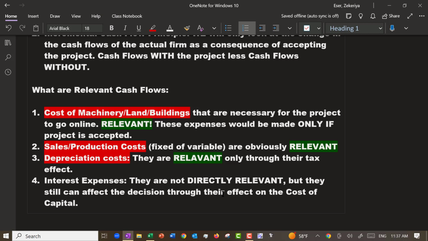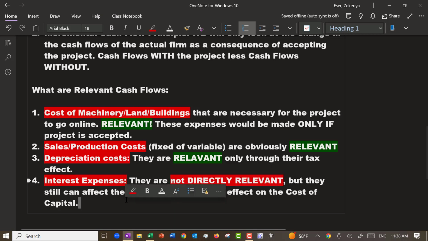So we're not going to actually add interest expenses as part of what you want to call cash flows, but that doesn't mean that they don't come into the picture. If the firm finances itself with debt, then the cost of debt is going to show itself in the cost of capital. Or if they finance mostly through equity, cost of equity is going to affect the cost of capital. But as far as interest expenses themselves are considered, they are not part of the project cash flows.